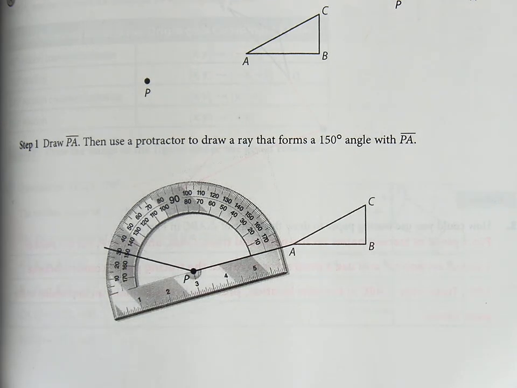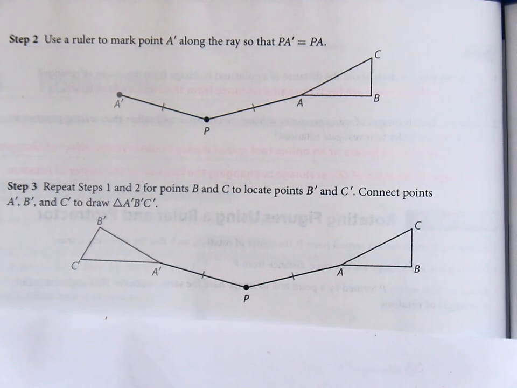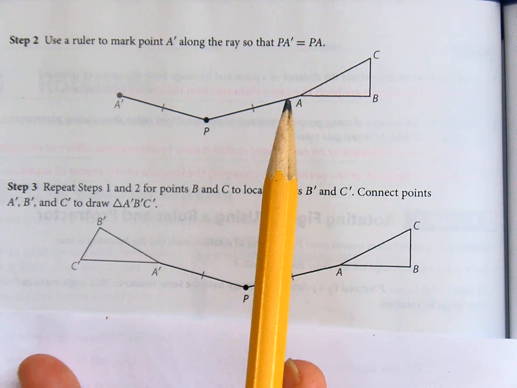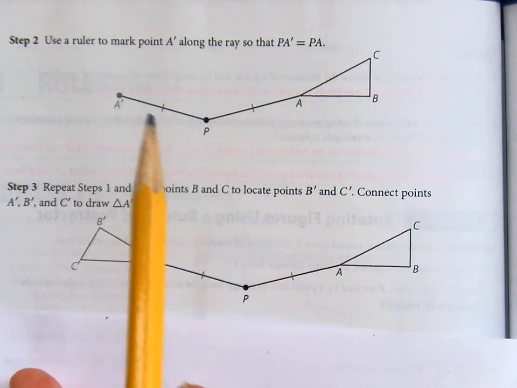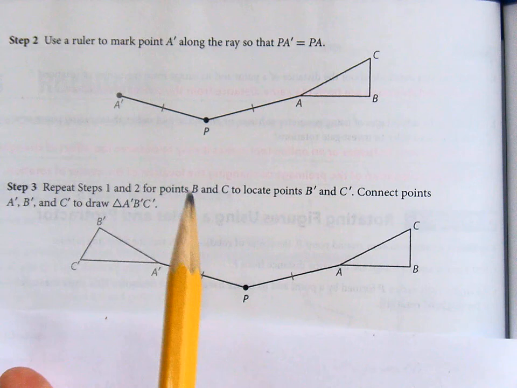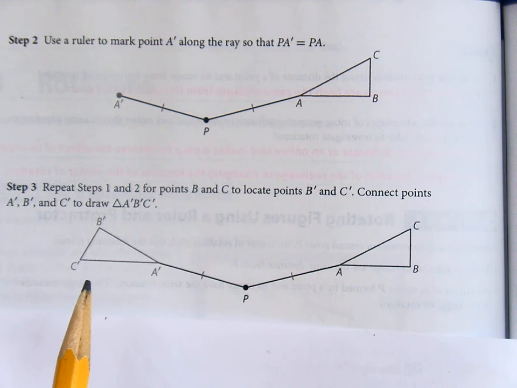Okay, next page. So you want to make sure that the distance is congruent between AP and A prime P, and then you connect them, and you do all the same things for A prime, B prime, and C prime.